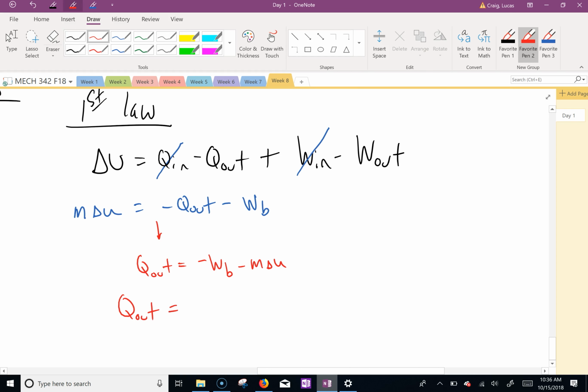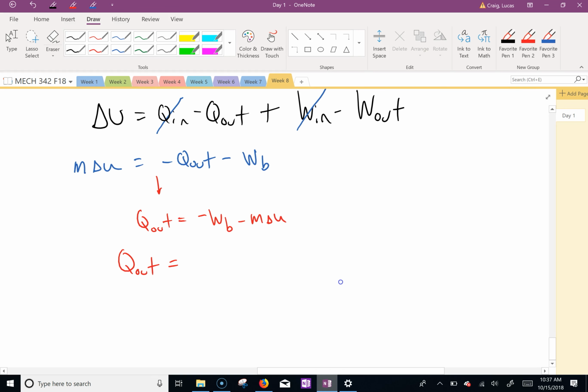we have a polytropic process, and what is our only work? Boundary. You can go to your cheat sheet and look for the boundary work equation, which should be P2 big V2 minus P1 big V1, times 1 over 1 minus n, minus m delta U. Is it big volume or little volume here?